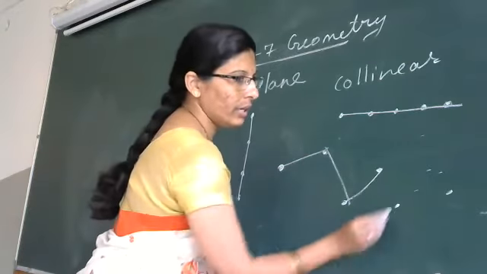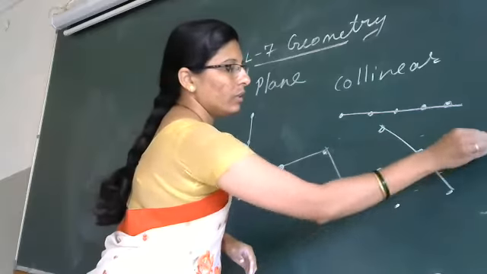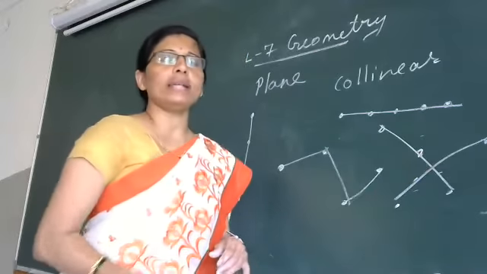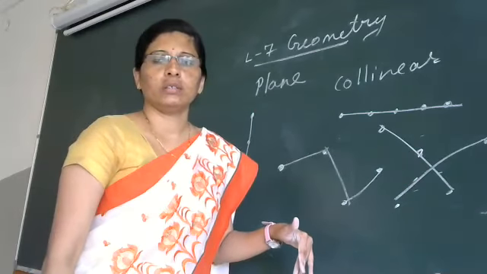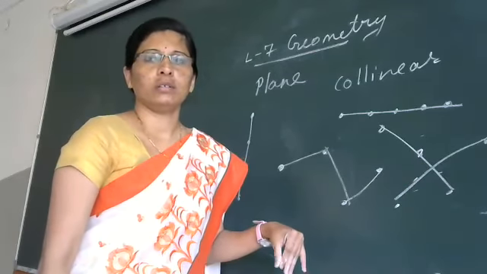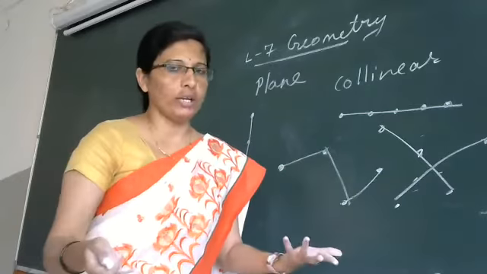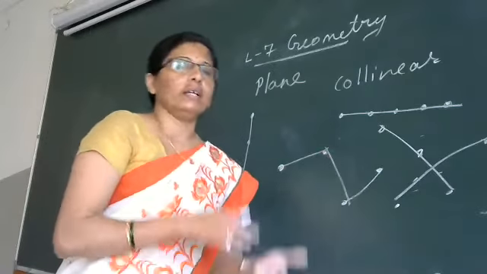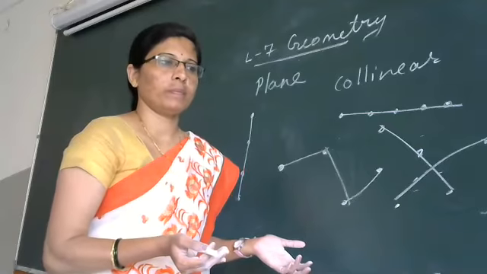Anywhere points are there, those are non-collinear. Not in a straight line, they are not collinear. Which are in a straight line, they are collinear. Okay?